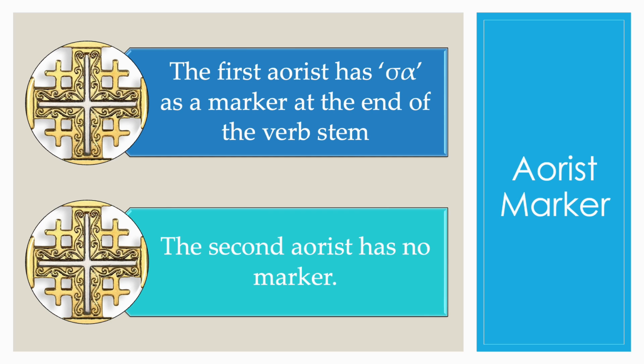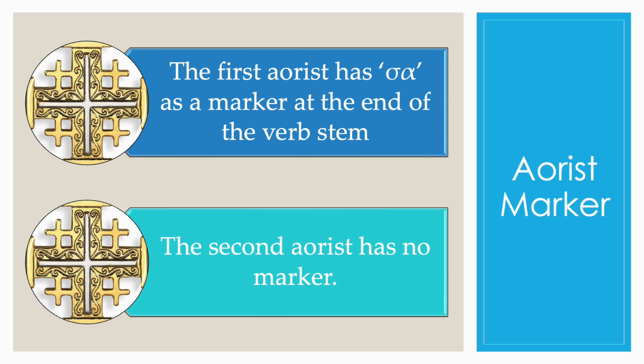So for the active voice verbs in the first aorist, we have this marker, except in the third person singular, as I said. But for the second aorist, there isn't this marker, just the difference in the stem. We will see this in other moods as well, and we will see it in the middle voice.